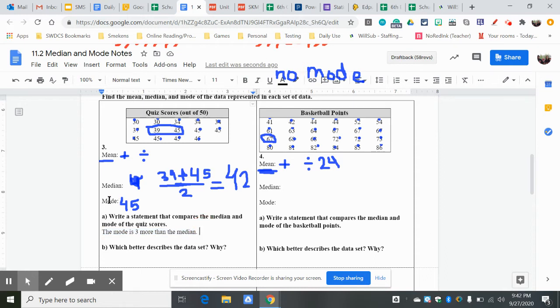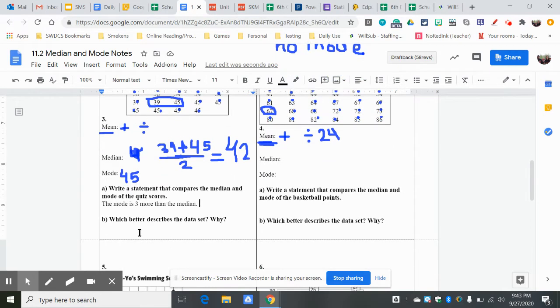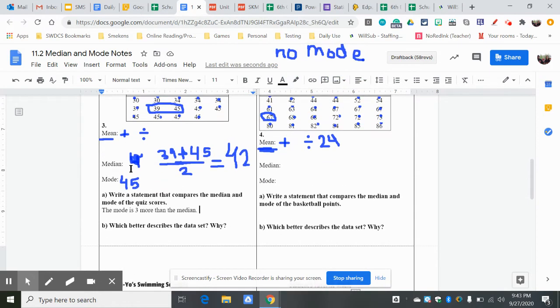So if I had to pick between the mode, the median, and the mean, which one would best describe my data and why? So if I were to be describing this data and I would look at my numbers here, my mean ended up being 39.5. And then I had my median, my mode, which described it best.